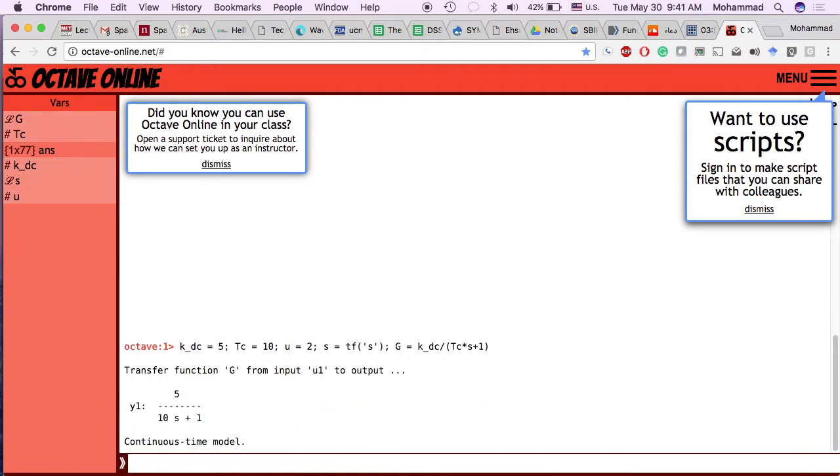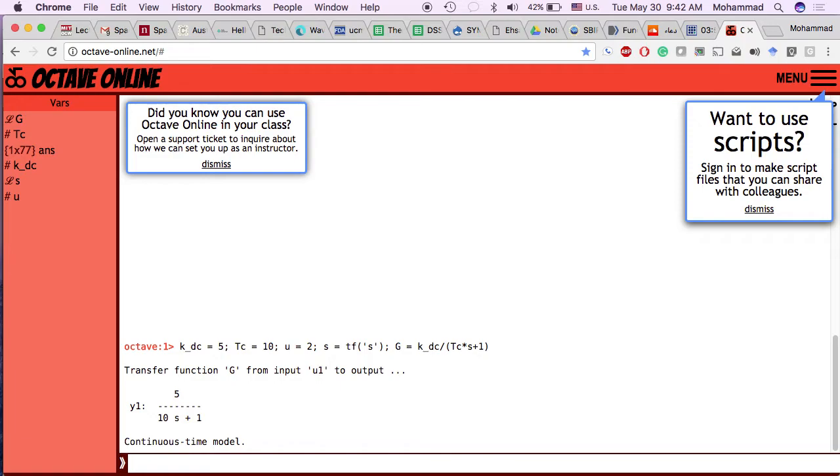And then if you hit enter, it says, okay, I understand that you want a transfer function that has DC gain of 5 and time constant of 10, and that's my understanding of your transfer function, correct? Or if you made a mistake, go ahead and correct. If you have any difficulties, let me know, and I can come to your station. Okay, now we have a transfer function.